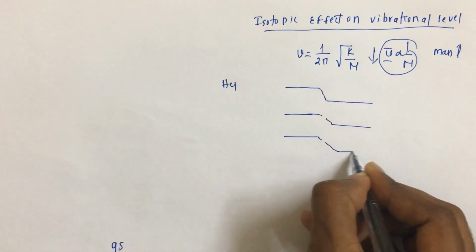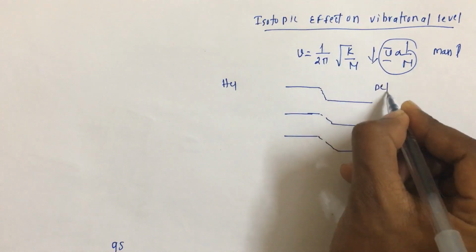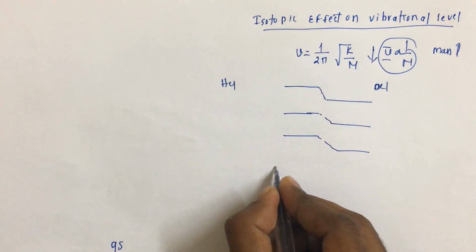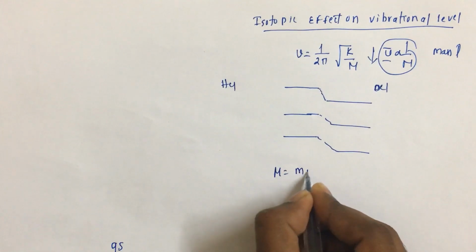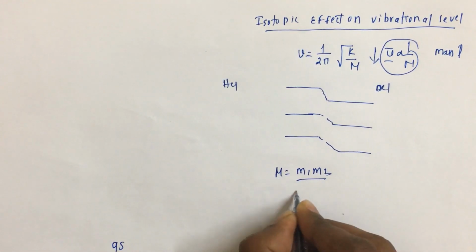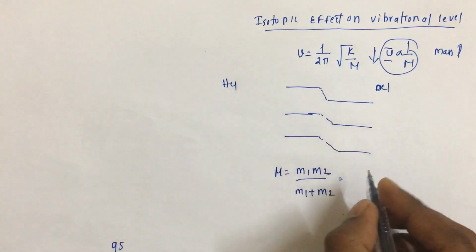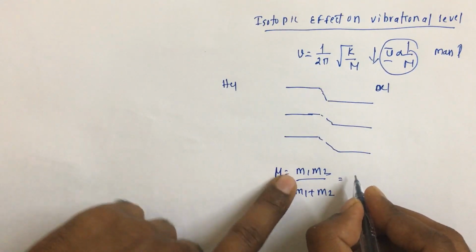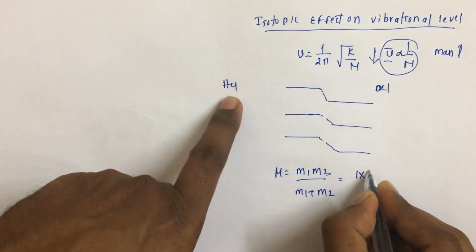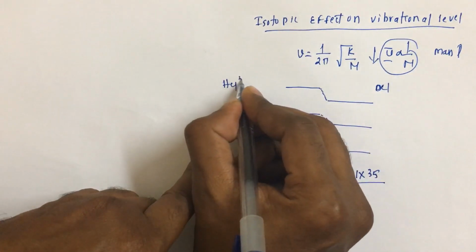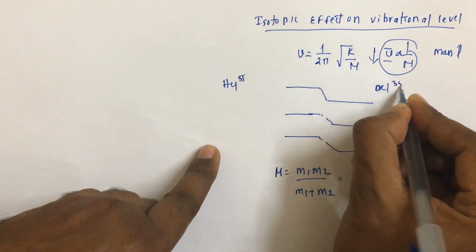this is for DCl. Okay, because if we see the reduced mass mu equals m1 m2 by m1 plus m2. For HCl this will be 1 into 35 by, imagine that this is 35, this is also 35.